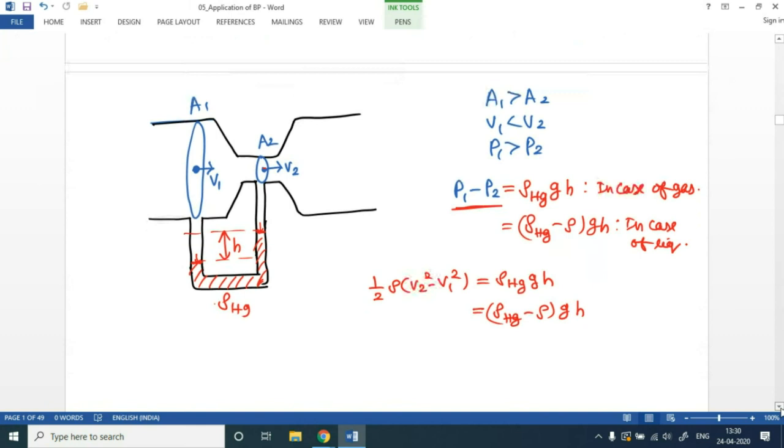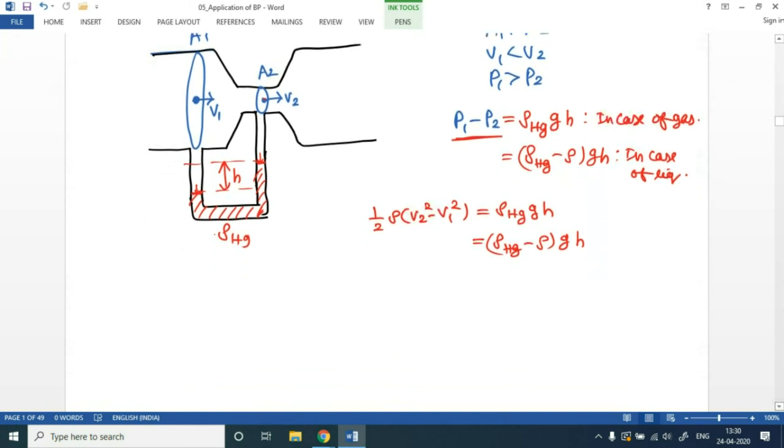Just by solving, you will get the values of V1 and V2.